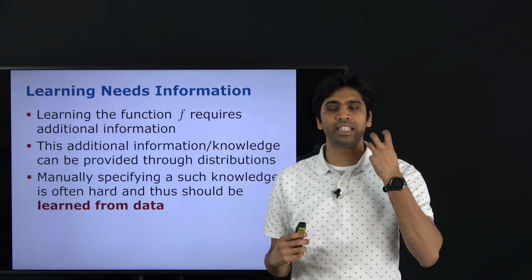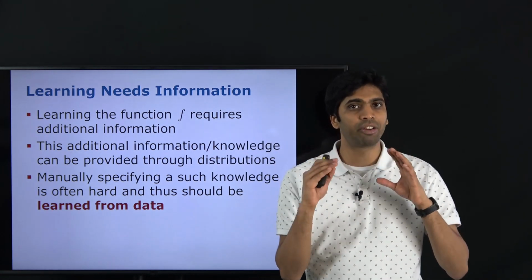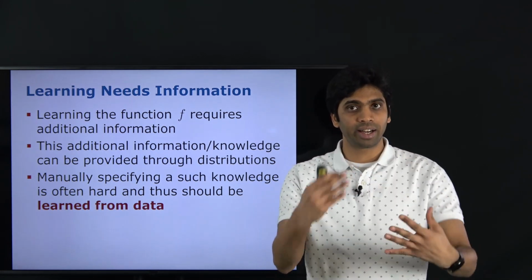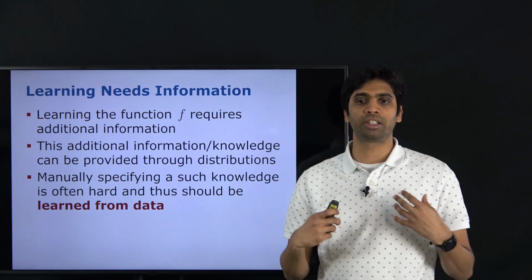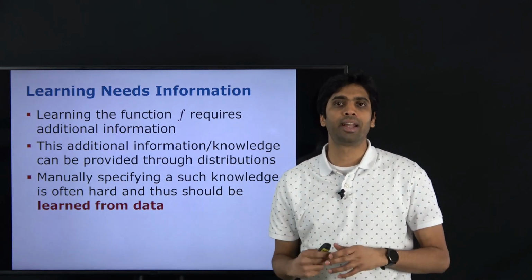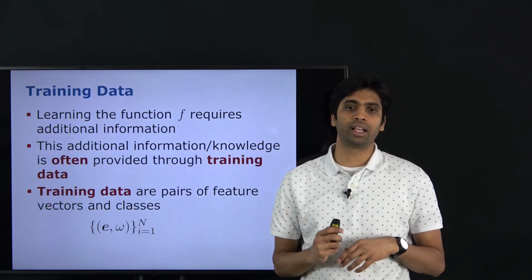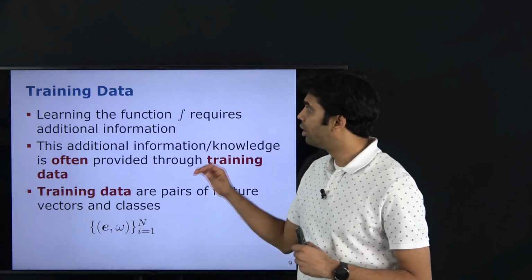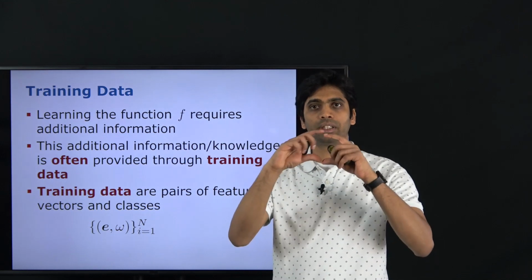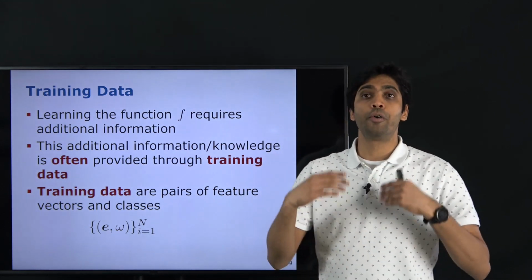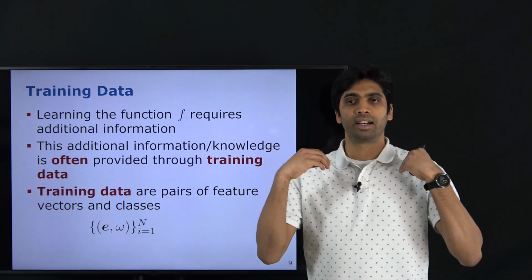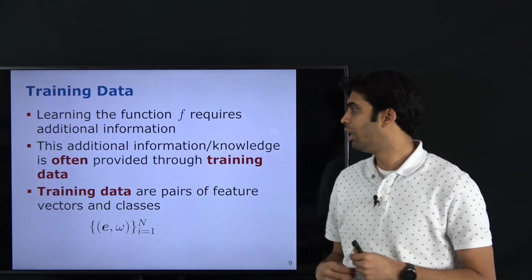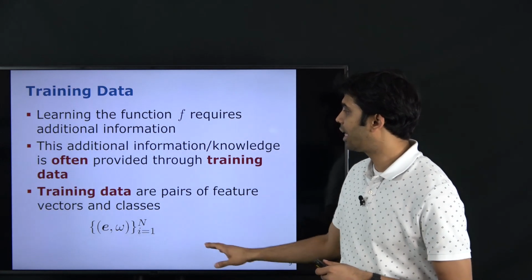Often these probability distributions are really difficult to specify as rules or to give in a generative manner, so we actually learn them from the data itself. And this leads us to the idea of the training data, right? So we want to learn about the probability distributions through data rather than directly specifying how a particular character, for example, looks like. And this is done in the following manner.